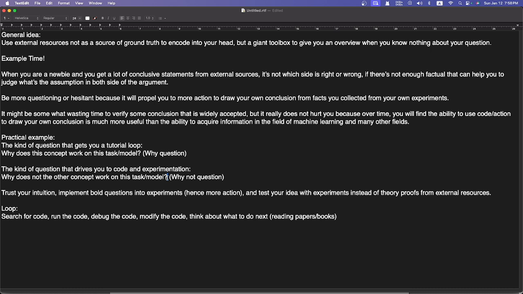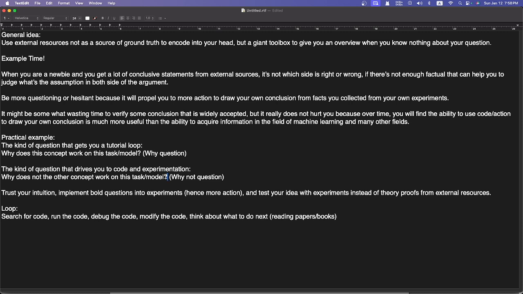This propels you to comparison. This already gives you a pair of comparative variables that you can implement in an experiment, isolate, and get an understanding of how each performed.